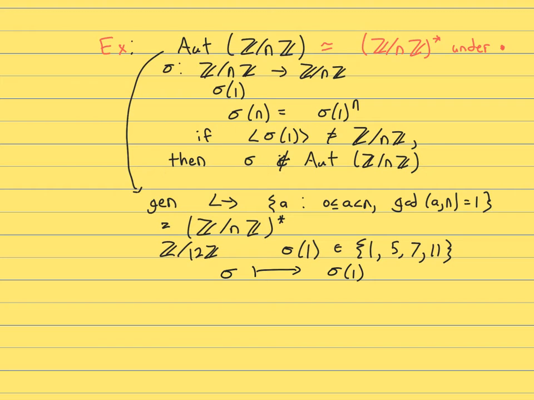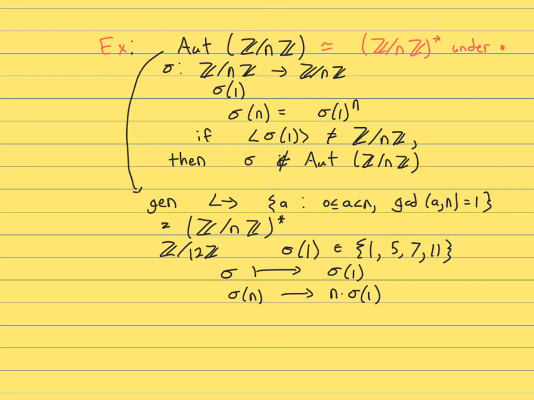Why? Because we already just determined that sigma of n is just the nth power. Equivalently, it's just n times sigma of 1 because you're talking about an additive abelian group. And we already just mentioned the only homomorphisms that actually give rise to automorphisms are cases where sigma of 1 is in this set.